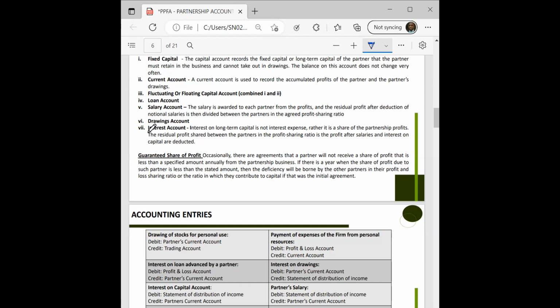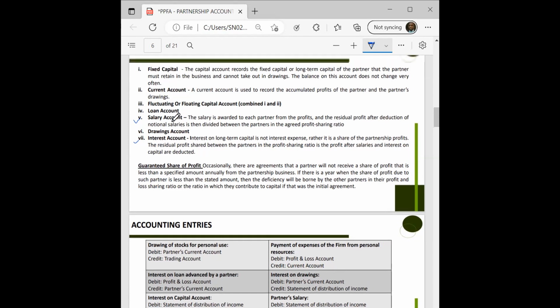In this situation, interest that is charged on capital account is a share of the partnership profit. It is from the partnership profit that you now remove this interest. Yeah, you remove if they have paid salary before you now share whatever is left between the partners.